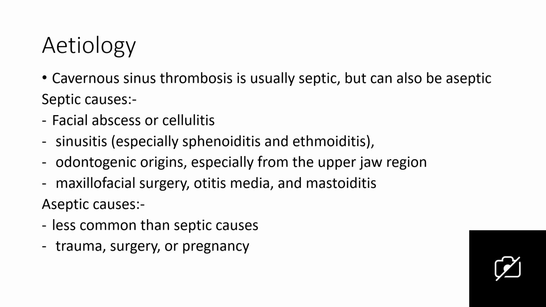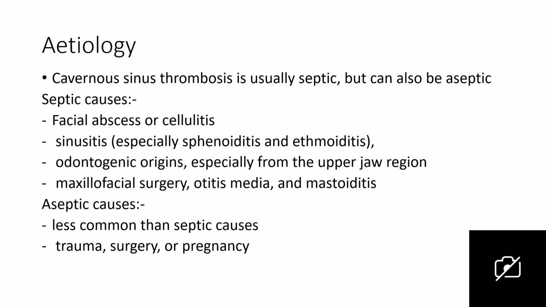Now, cavernous sinus thrombosis is usually septic, but can also be aseptic. Septic causes are facial abscess or cellulitis of the face, sinusitis, especially of the sphenoid and ethmoid bones, odontogenic origin, especially from the upper jaw region, maxillofacial surgery, otitis media, or infection of the mastoid bone.